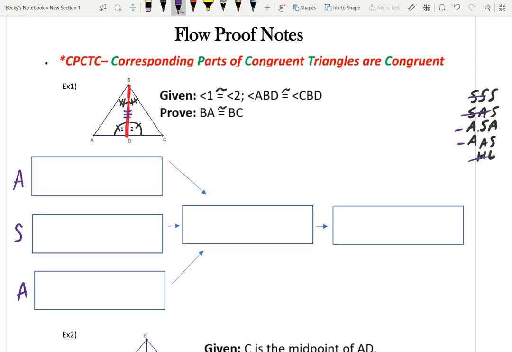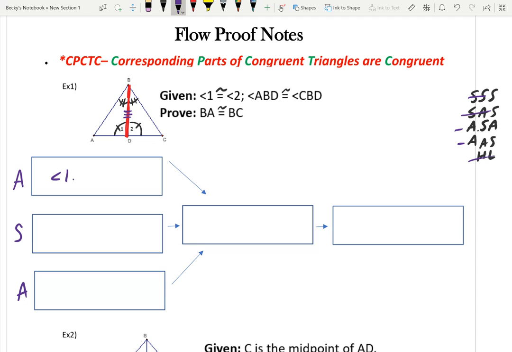Now when you think of a typical proof, the left side is your statements, and then the right side is your reasons. Now, we're going to go away from this idea. If it's inside of the box, that is your statement. And if it's your reason, it goes underneath the box. So we're going to move away from this T-chart idea and say, okay, tell me an angle.